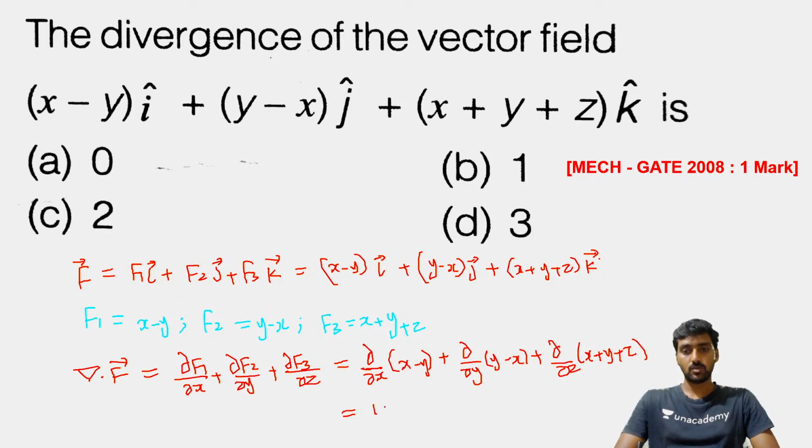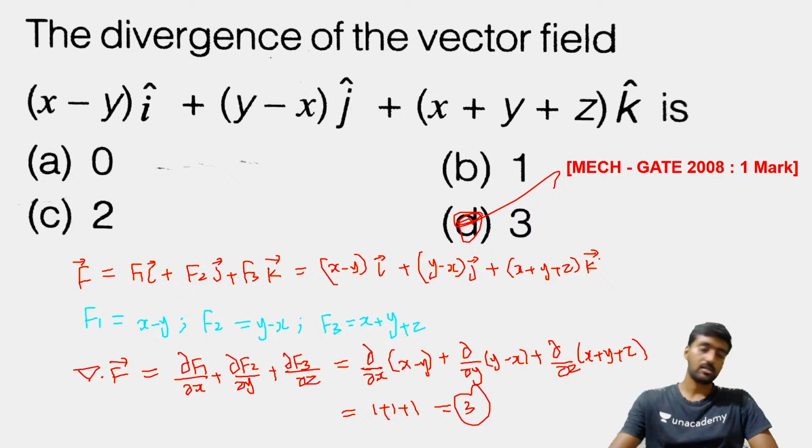So now it's 1 plus 1 plus 1: x differentiation 1, y differentiation 1, z differentiation 1. Totally the divergence is equal to 3. Option 3 is the right solution for this question. Okay, next.